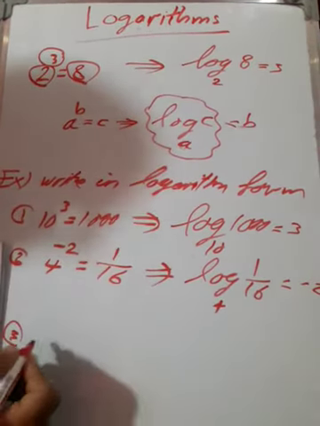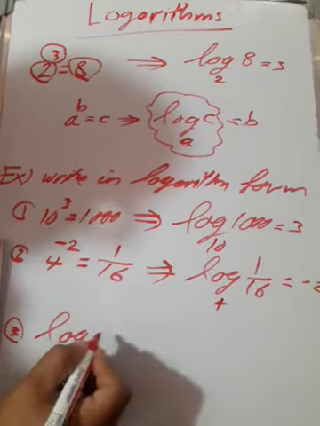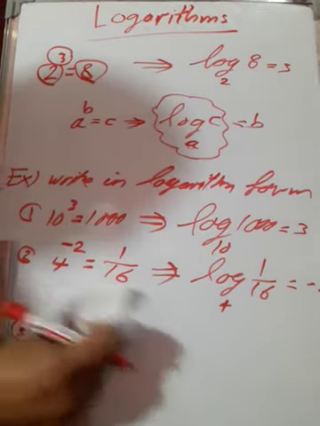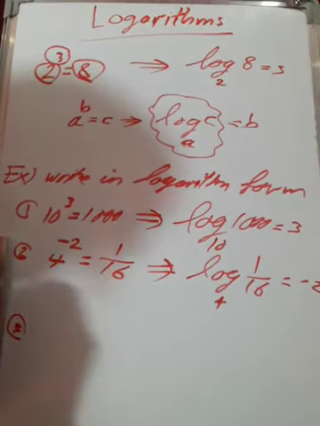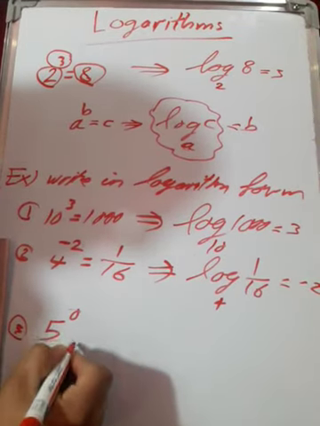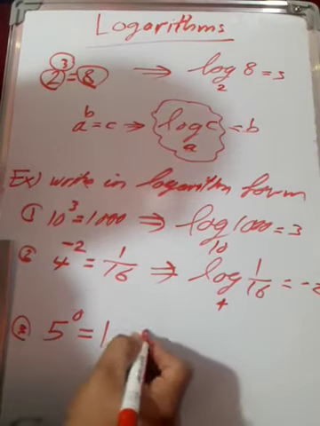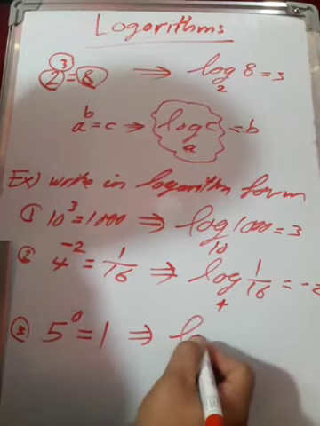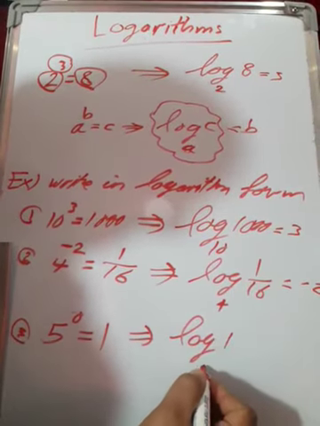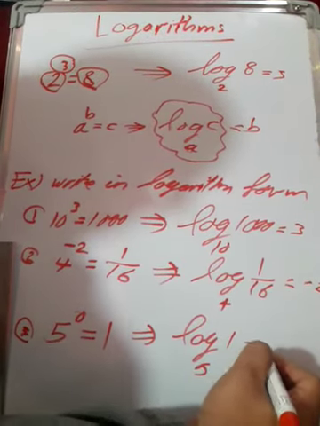Third, 5 to the power 0 equals 1. So the logarithm of 1 to the base 5 equals what?